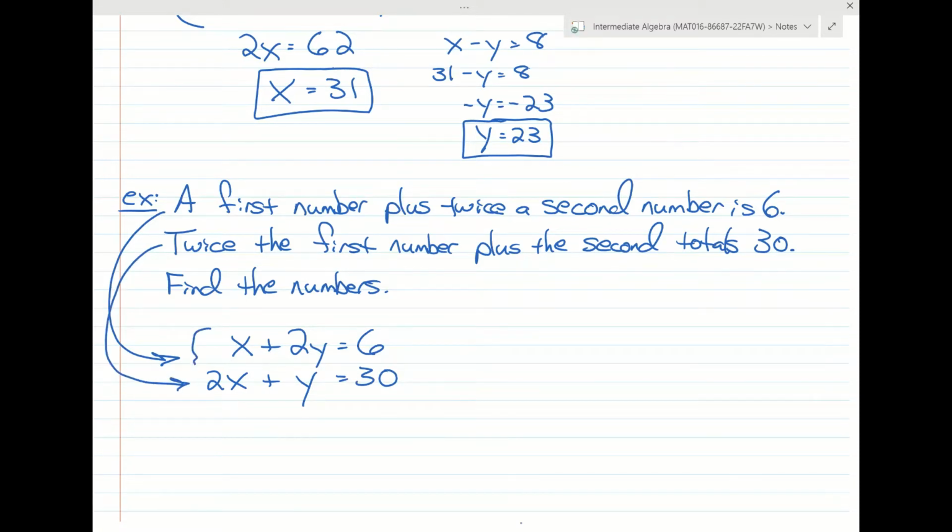So again, we have another system. We just have to figure out which variable we want to eliminate. And I'm going to go ahead and multiply the top equation by -2 to eliminate the x's. And we get -2x minus 4y equals negative 12. And then 2x plus y is equal to 30.